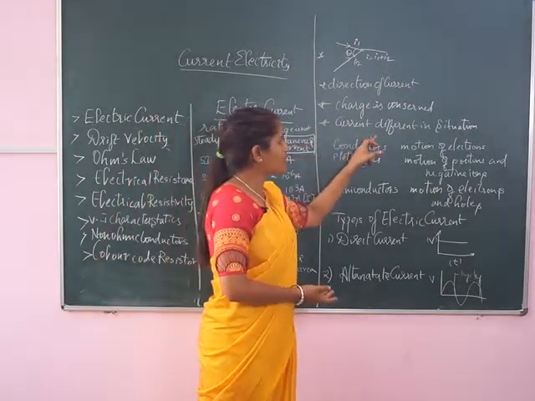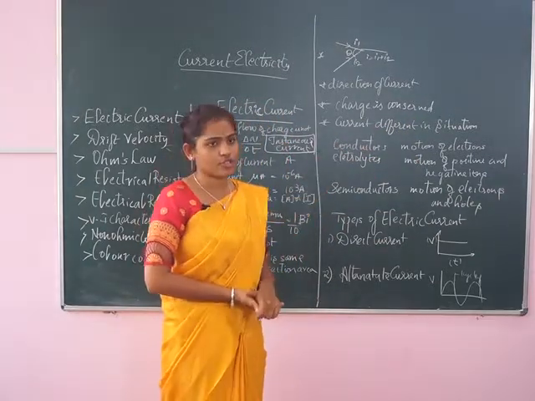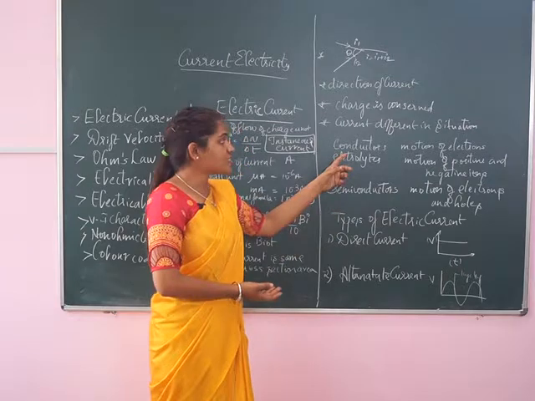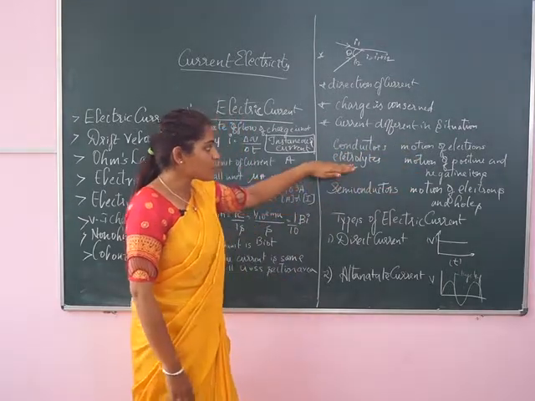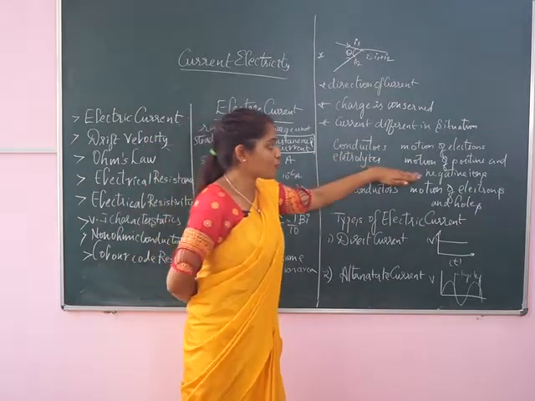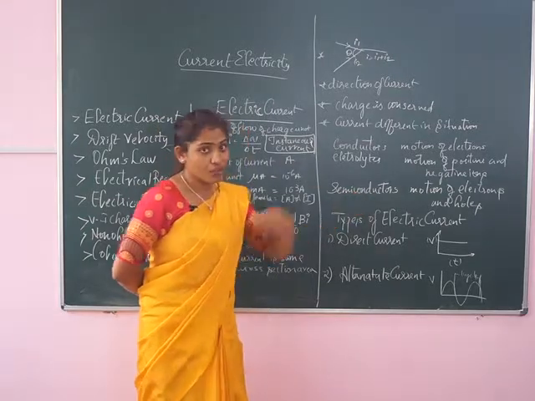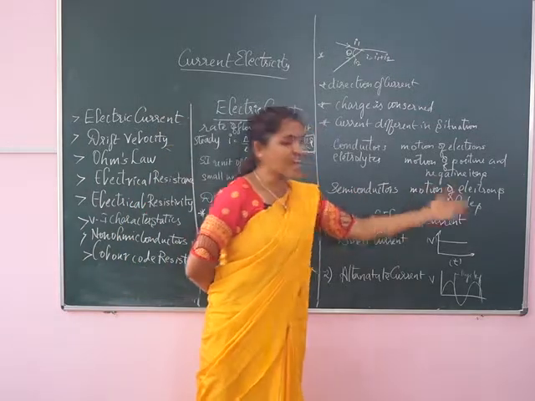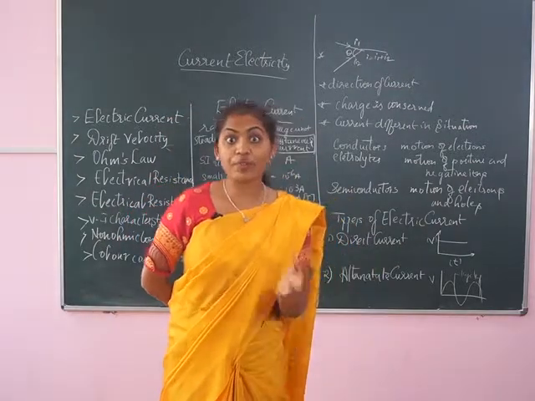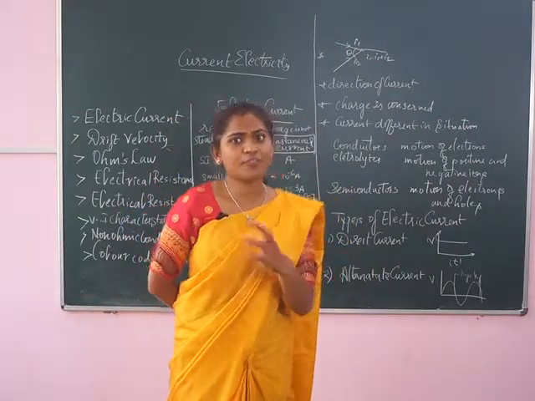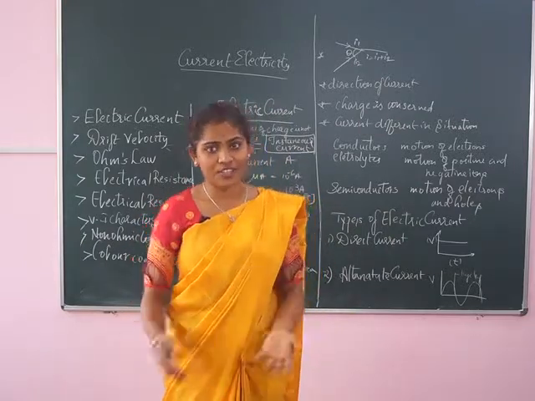Next, current differs in different situations. In conductors, you can see the motion of electrons. In electrolytes, you can see the motion of positive and negative ions. In semiconductors, you can see motion of electrons and holes, just similar to human life. When we are in a classroom, we behave one way. When we are in a house, we behave very differently. With friends, again with different behavior.